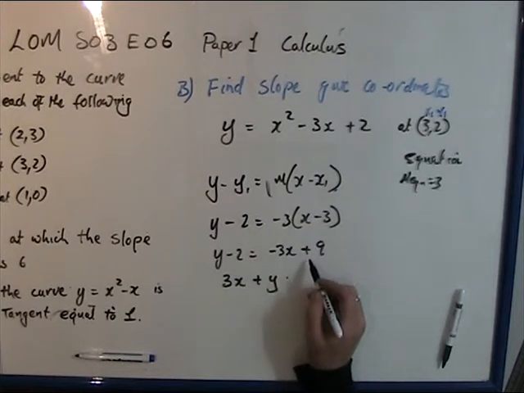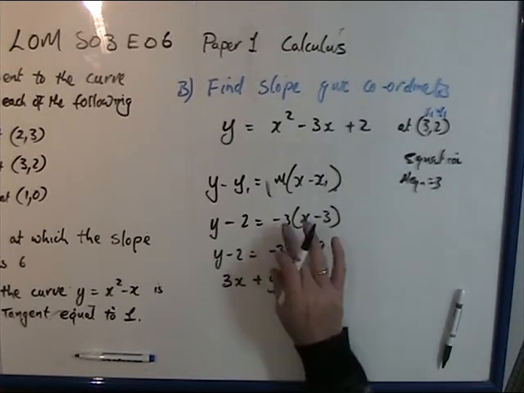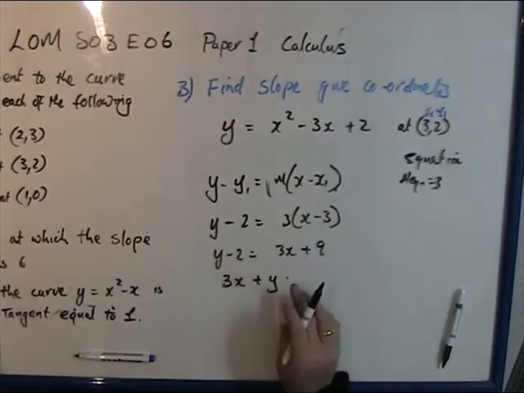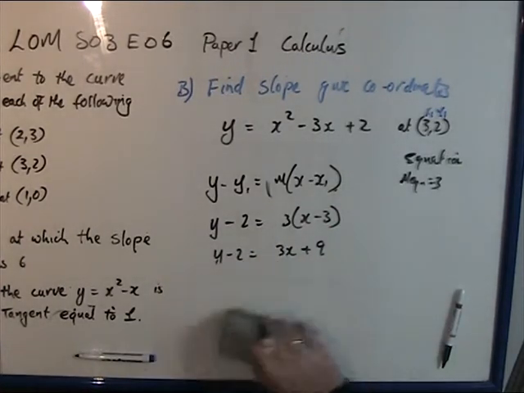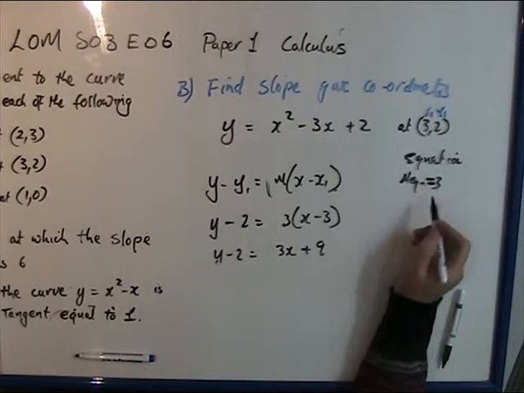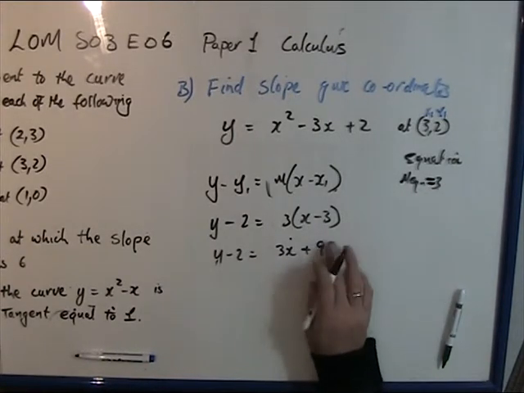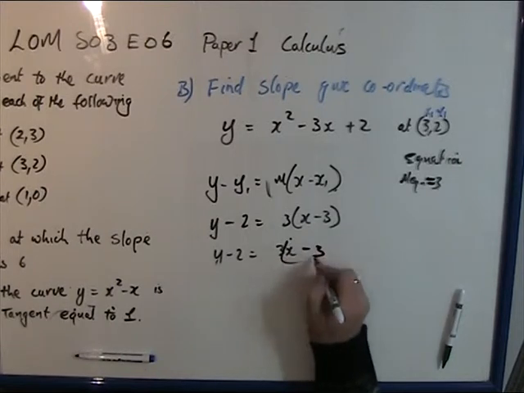Oh, sorry about that. So the slope is equal to 3. I messed up there. I thought it was minus 3. It's equal to 3, so it's 3 times x minus 3.